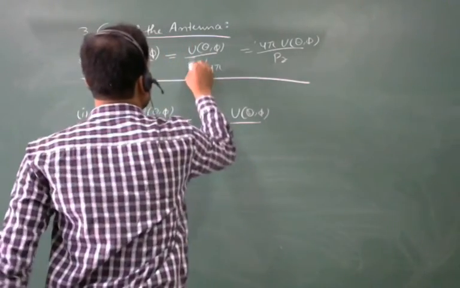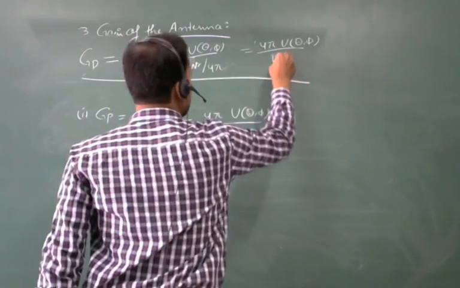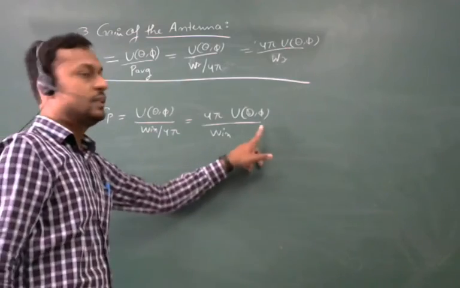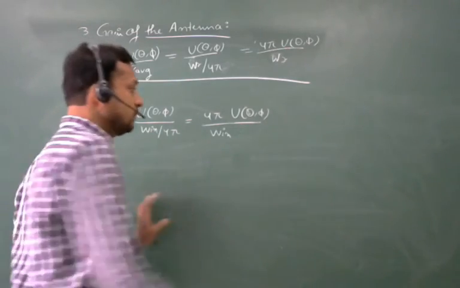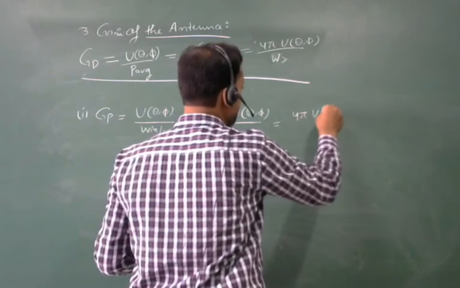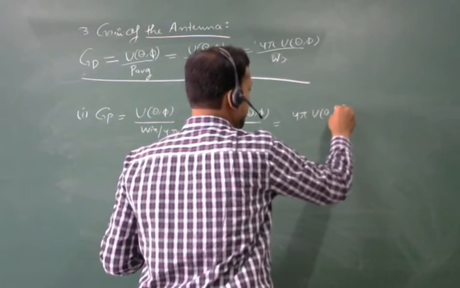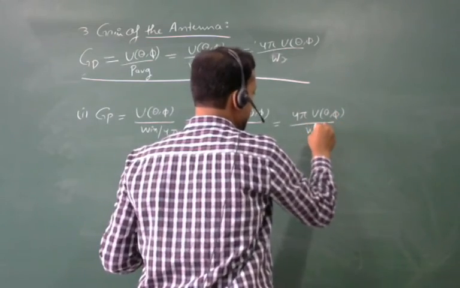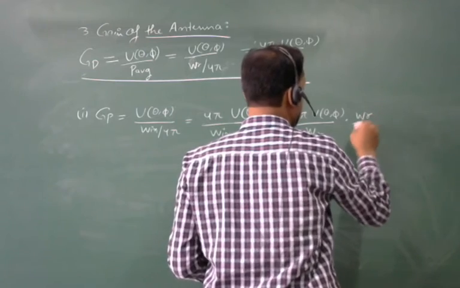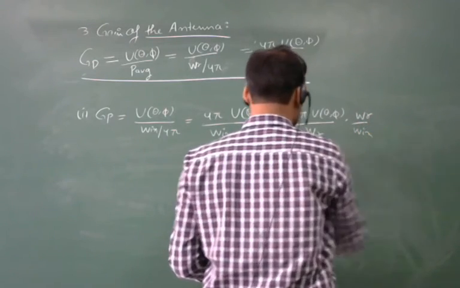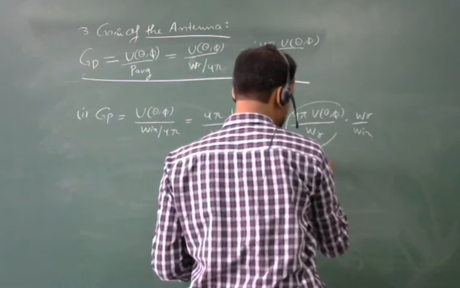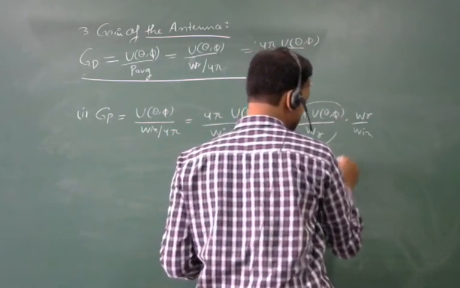If we write it in the W form, W or P, you can use any notation. Multiplying and dividing it with W r, it will give 4 pi U theta comma phi upon W r into W r upon W. So this term is the directive gain and this is the efficiency.